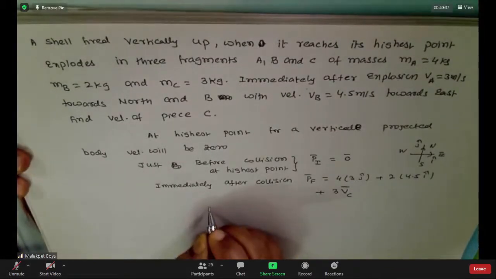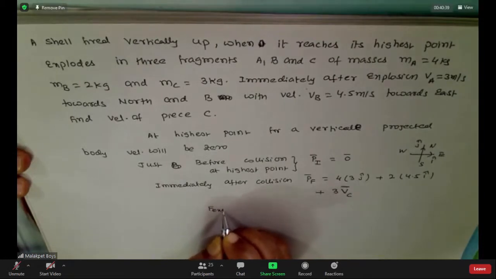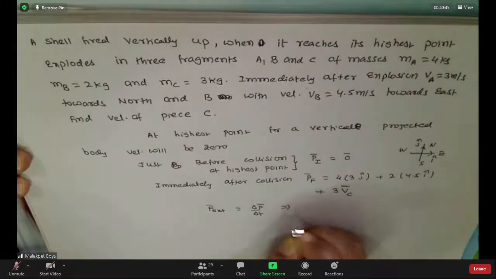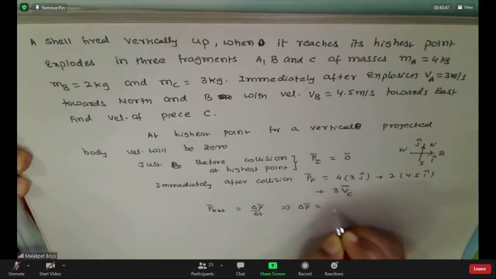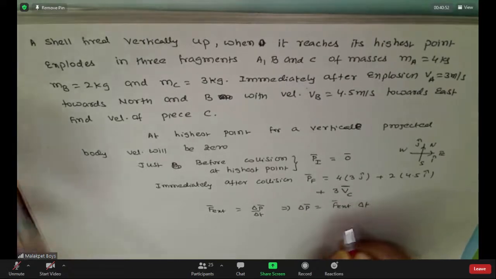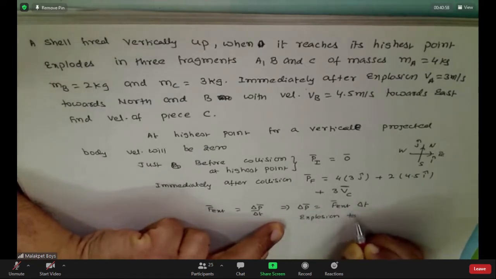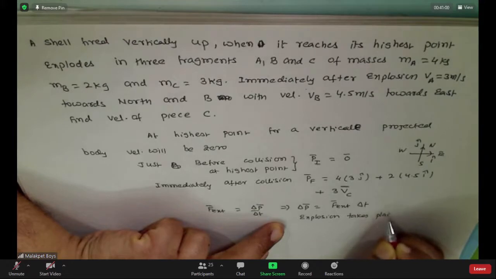See, remember, external force is change in momentum by time taken. Now you can check like this also. There may be an external force, but the explosion takes place during a very small interval of time.